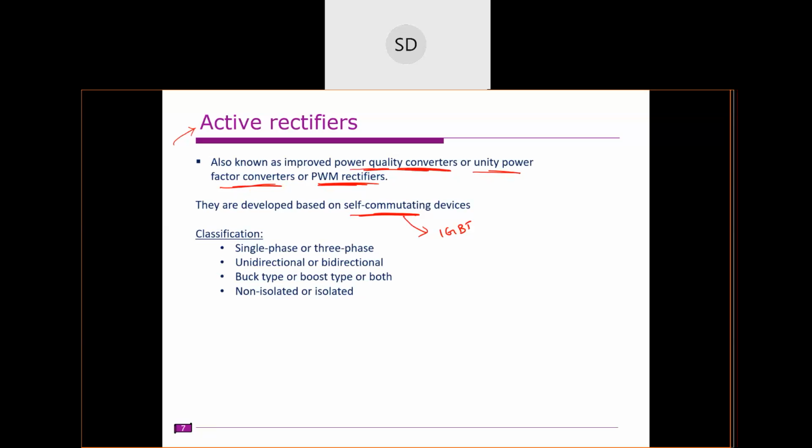All refer to the same thing. Earlier conventional ones were based on forced commutation devices, while these use self-commutated devices.